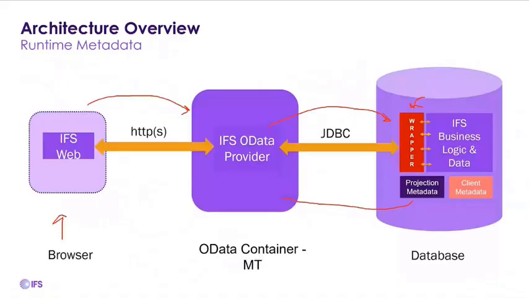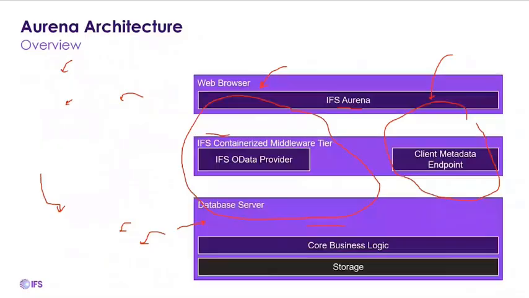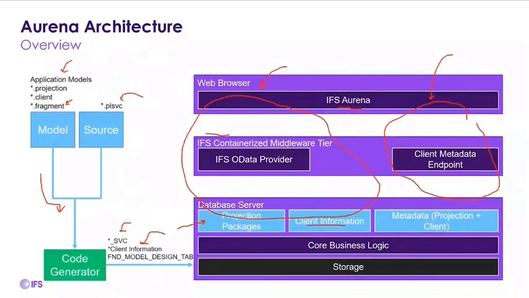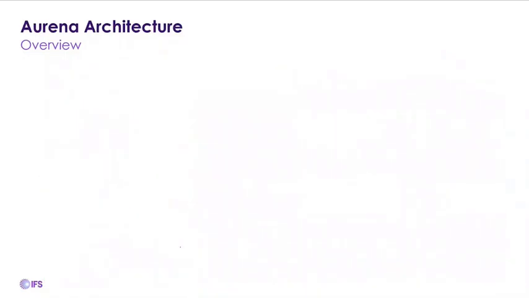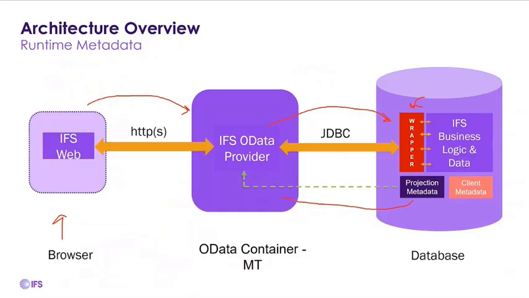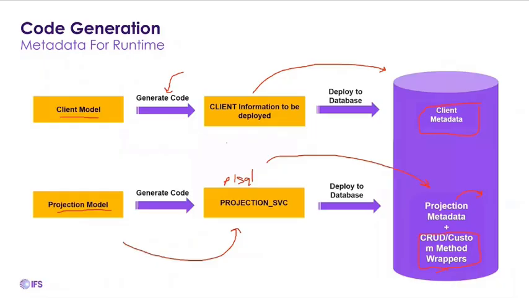So we have three sections here, as you can see. We have the projection package, which will hold the generated PLSQL package. After that, when we are working, we have some client data as well, which is generated. So there is a set of data being deployed to the database as client metadata too.